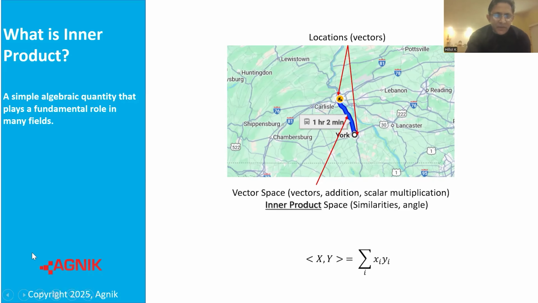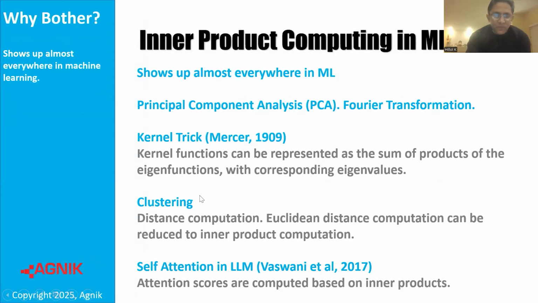And now the question is, why do we care about inner product? Why bother? Since we are talking about distributed machine learning here, let's focus on applications of inner product computation in machine learning in general. In fact, it shows up almost everywhere in machine learning. Inner product computation is fundamentally connected with the notion of distance.